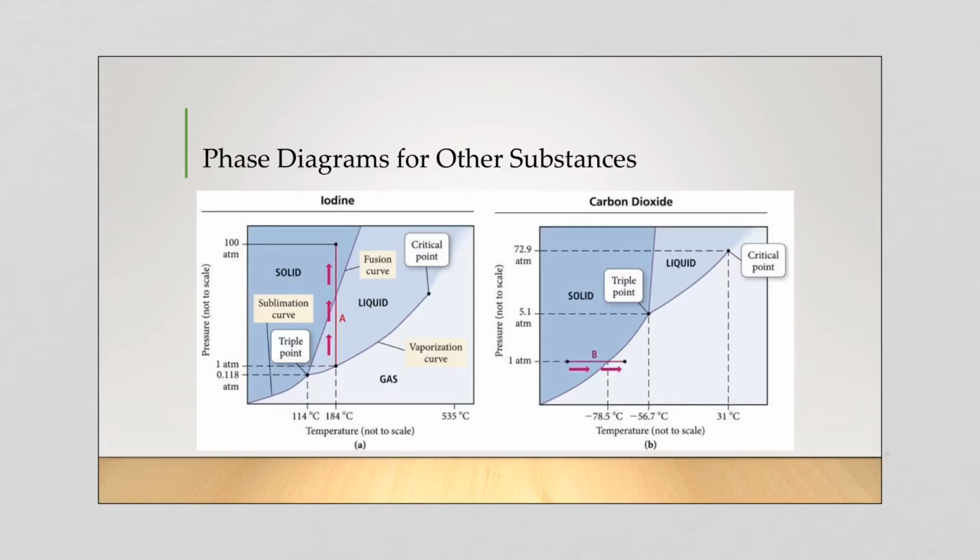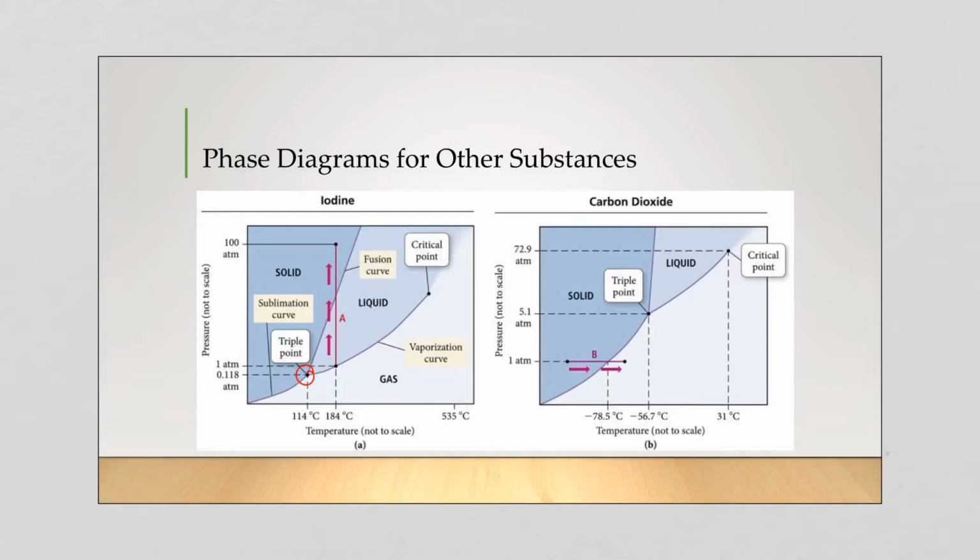These are materials that more readily sublime. Pay close attention to the scales on the two axes to see what's going on here. For iodine, notice the triple point occurs at 114 degrees and about 1/10 of an atmosphere.